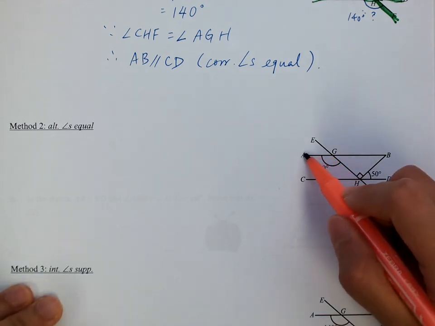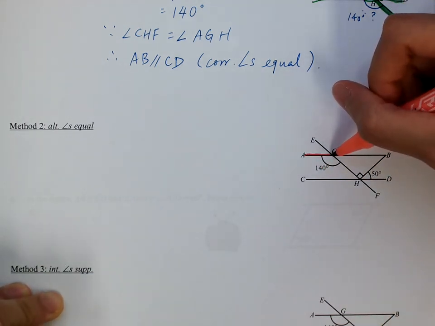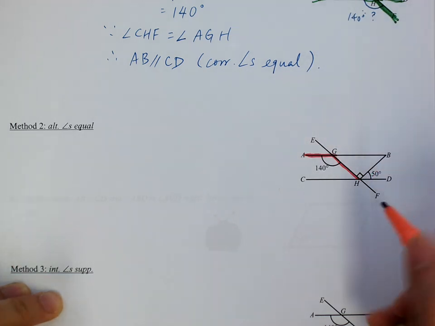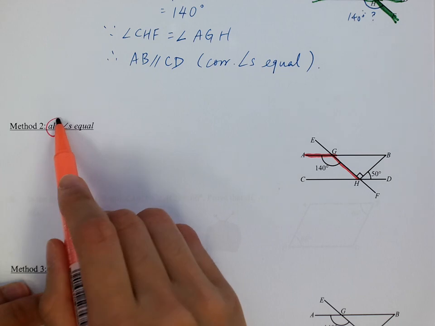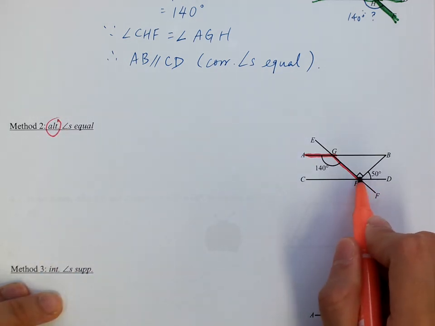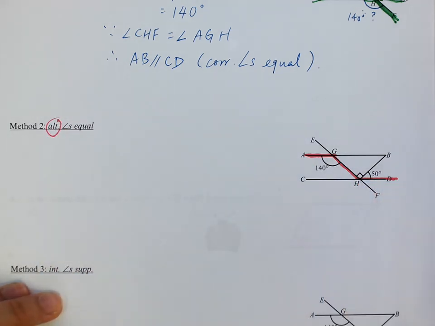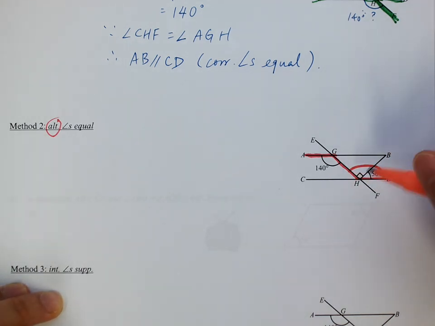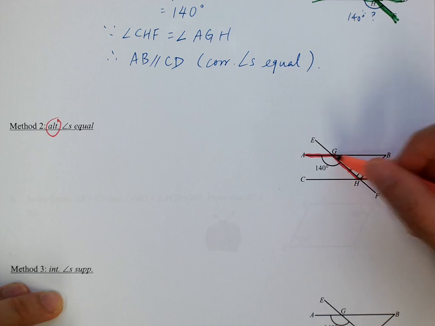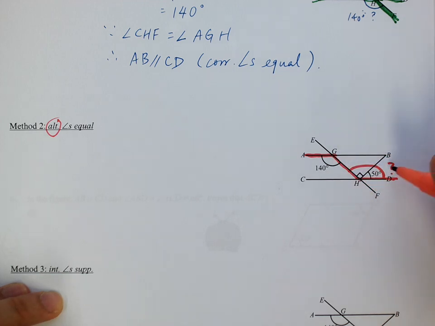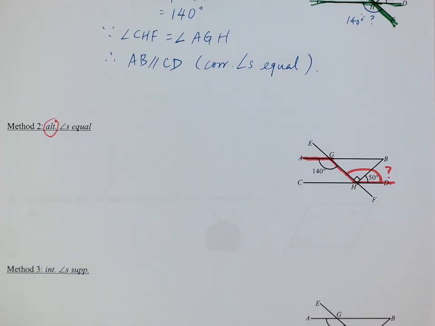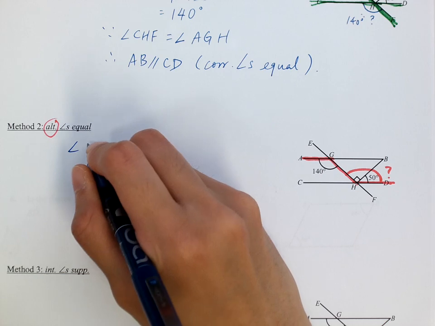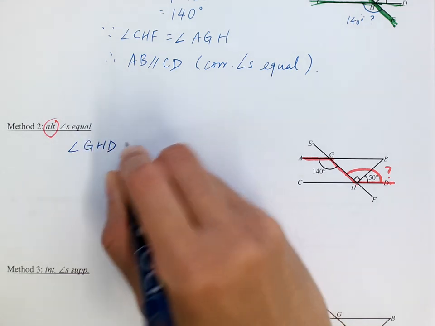If you want to use the line that includes this angle 140, and because I want alternate angles, I try to draw a Z. So in other words, I need to check this angle I just marked in red, that is GHD, is it equal to 140? If they are equal, then they are parallel lines. So our target is looking for angle GHD.